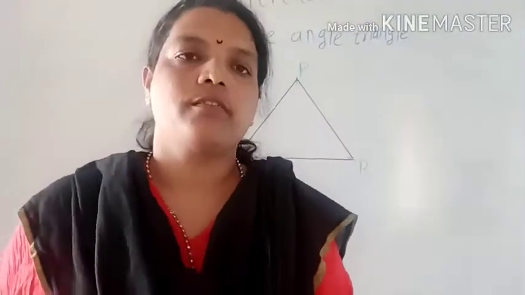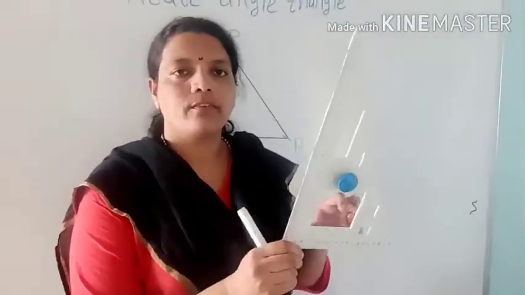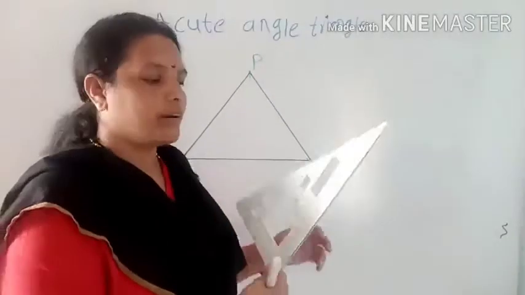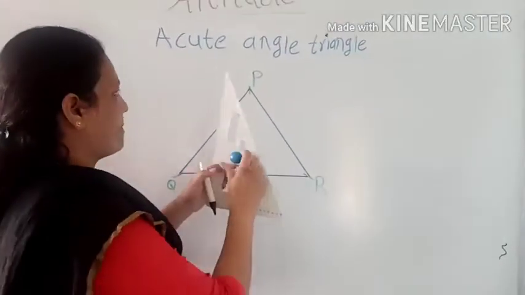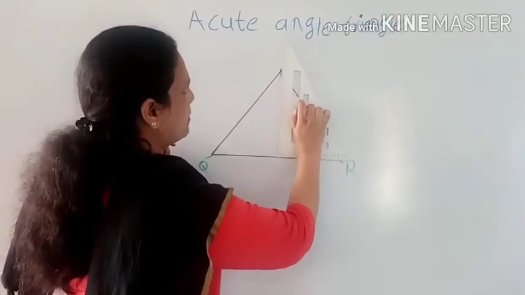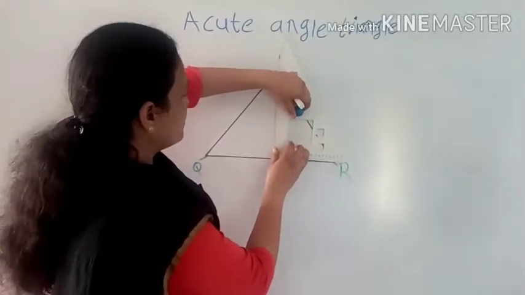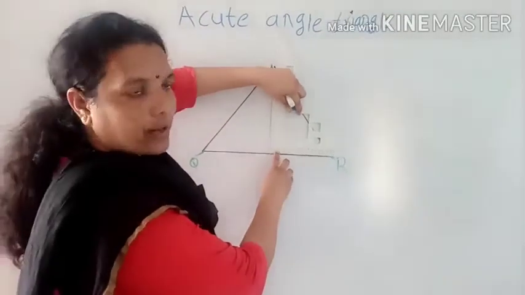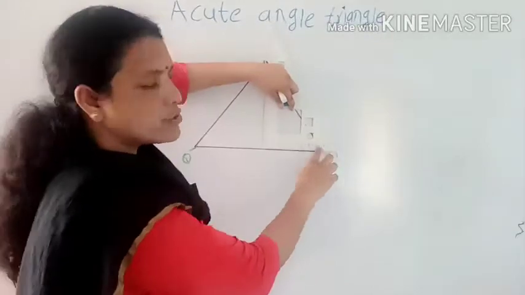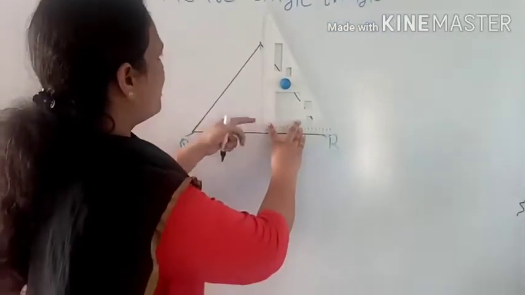So first we will take the set square. The perpendicular end of this set square we will keep on QR, and slide it till P. Students, this perpendicular side should be parallel to QR and it is perpendicular to QR.